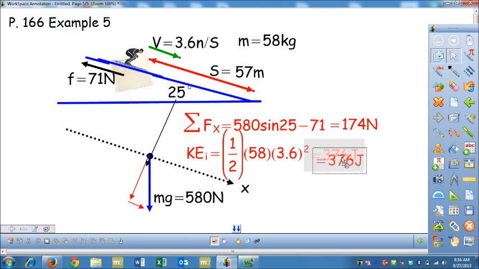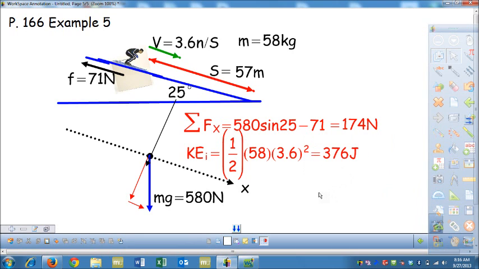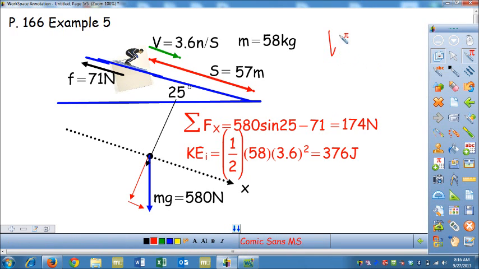Now our kinetic energy final is going to be 1/2 mv final squared. What's the question actually asking us? Determine her speed at the point she's displaced. So we're trying to find v final. Let me write that here. V final equals question mark.